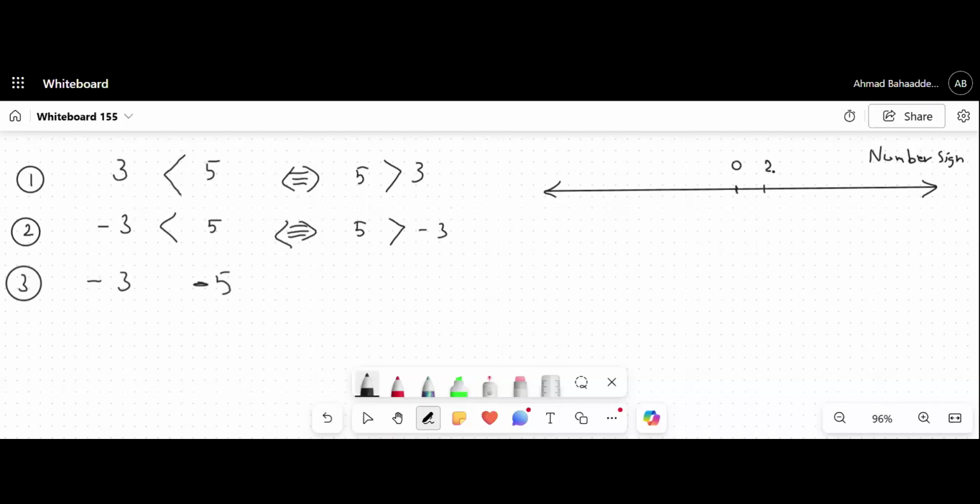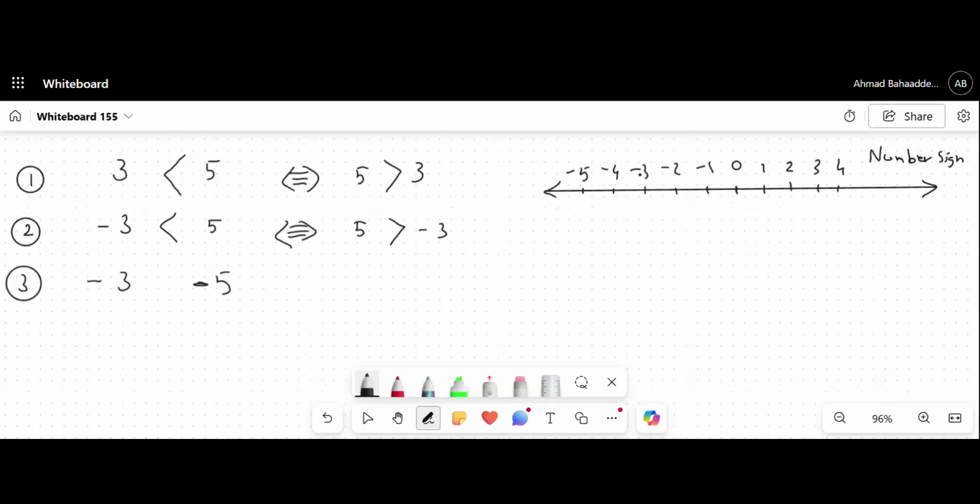The positive numbers are on one side, starting from 1, 2, 3, and then 4. The negative numbers are on the other side: negative 1, negative 2, negative 3, negative 4, and negative 5. I'm just going to stop at negative 5 because that's what we needed.